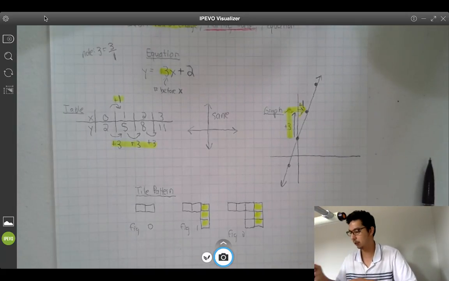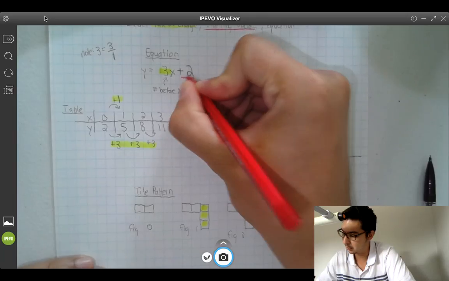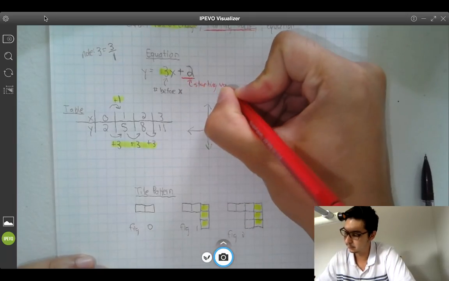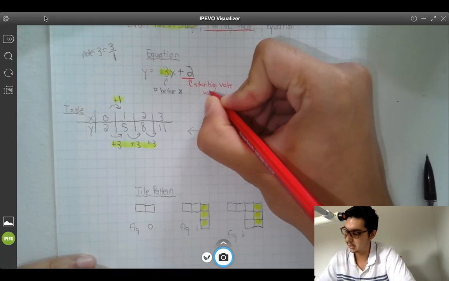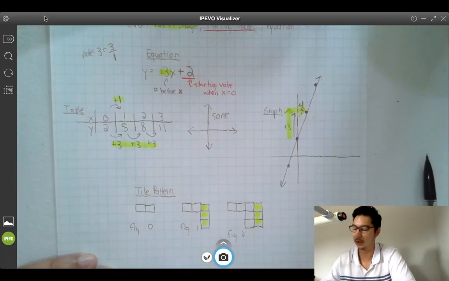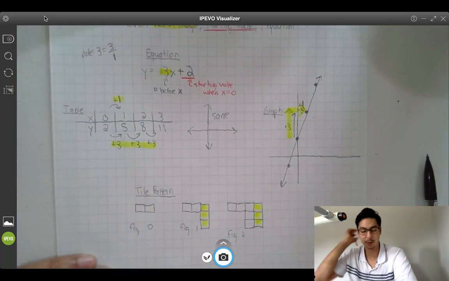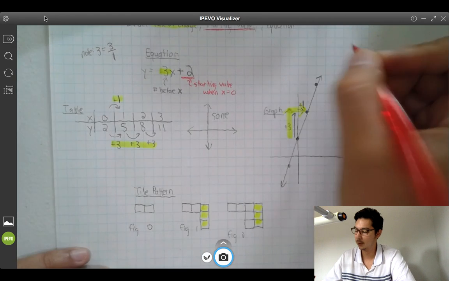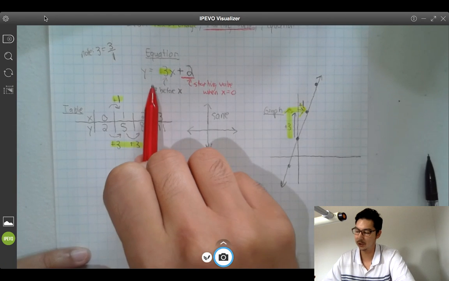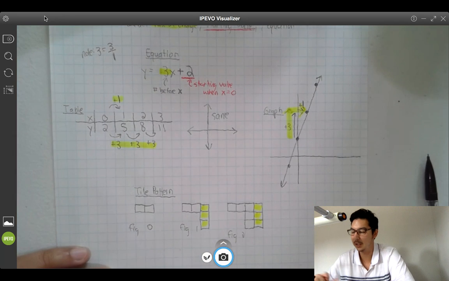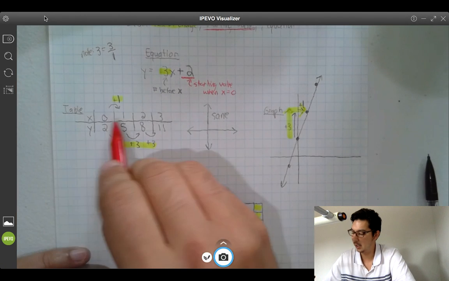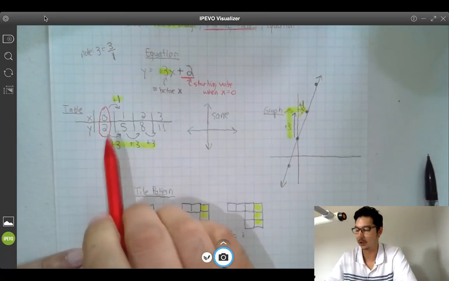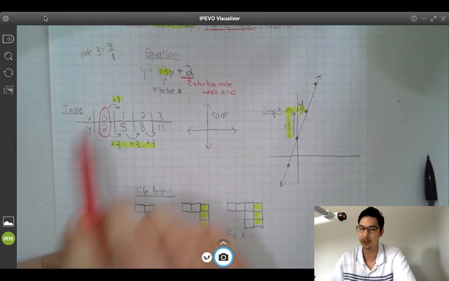And the starting value is the number at the end. That, again, is your starting value when x equals 0. So at figure 0, when we start, that's what we start at. In an equation, that's always the number by itself. Rate of change is the number before the x because it's changing x many times. In a table, you can see it right there: the starting value of 0, 2 when x equals 0.